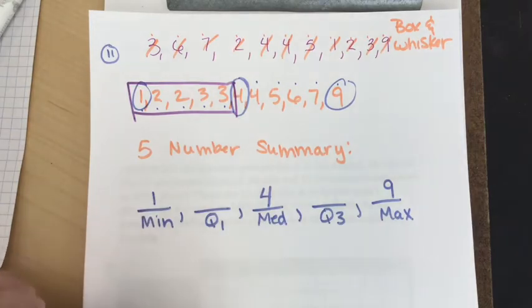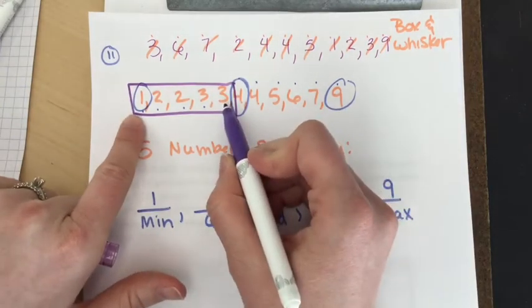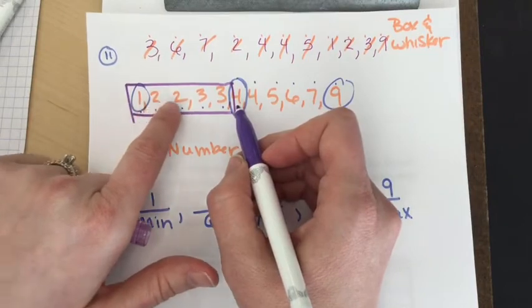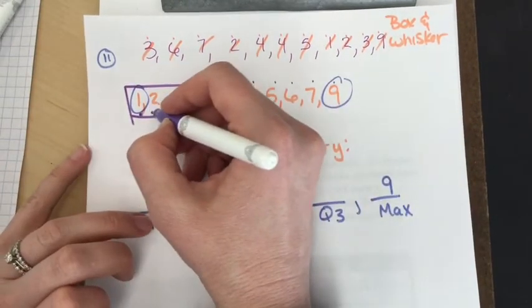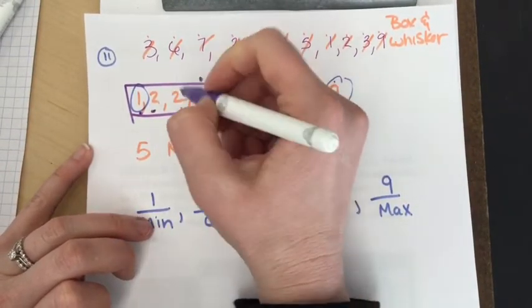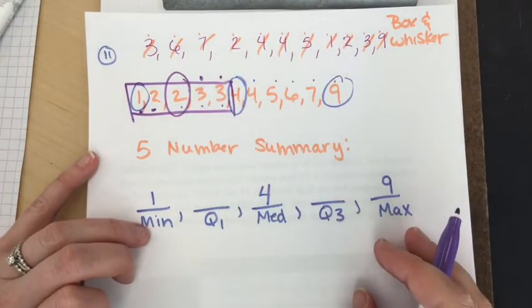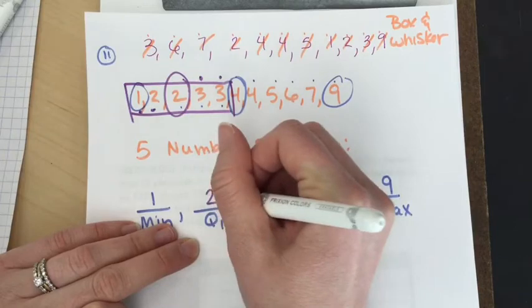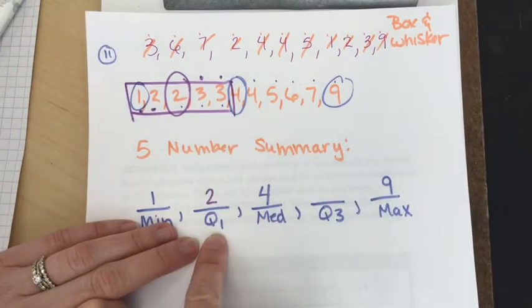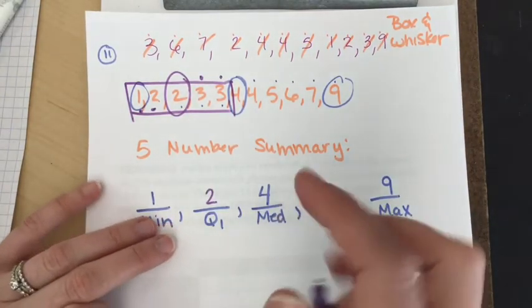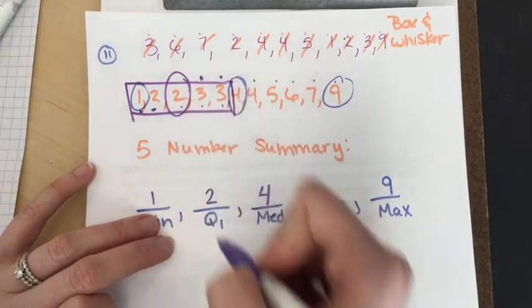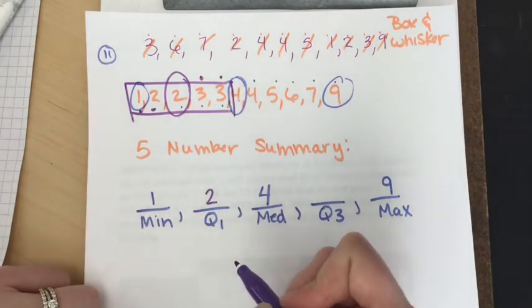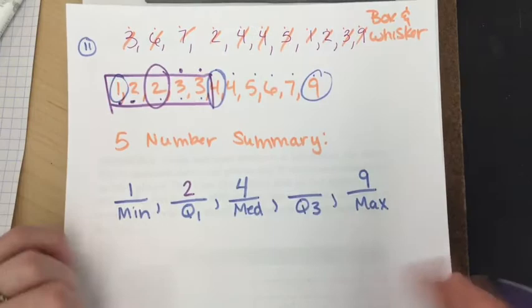So looking at these first 5 numbers, you can see that 1, 2 on the left, 1, 2 on the right, 2 falls exactly in the center. So because 2 falls exactly in the center, that is our Q1, first quartile there. Okay, if there were 2 numbers in the center, you would find the average of them, just like you did with the even number video.